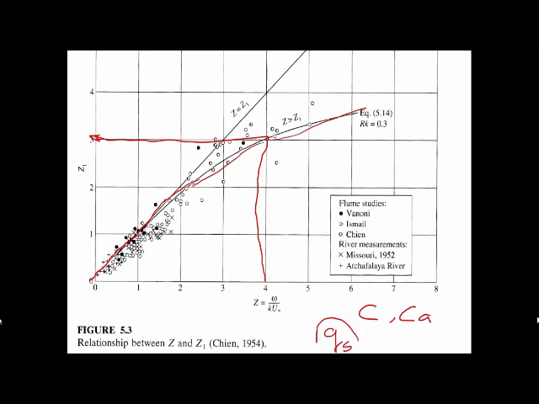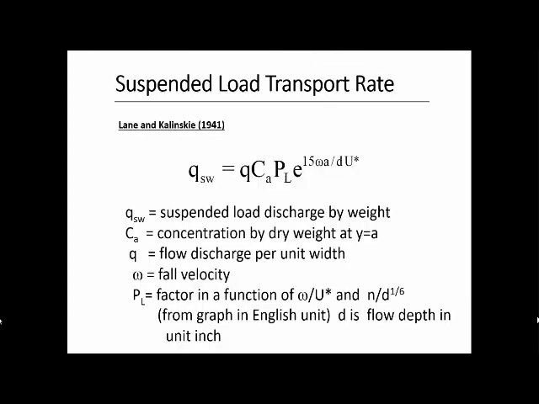But because we know that the Qs earlier is equal to the integration from D to a of U times C, where C is the sediment concentration, you can use the Rouse equation to calculate the value of the sediment concentration. Now we calculate the value of the suspended sediment transport.